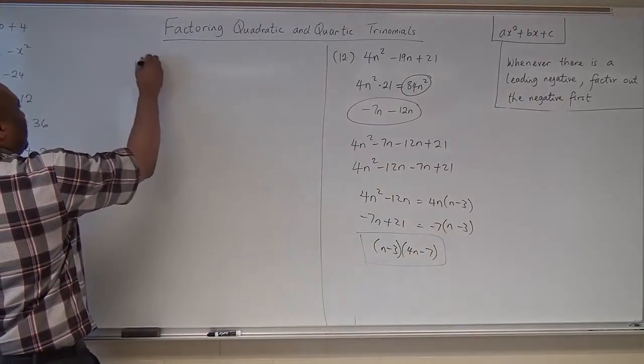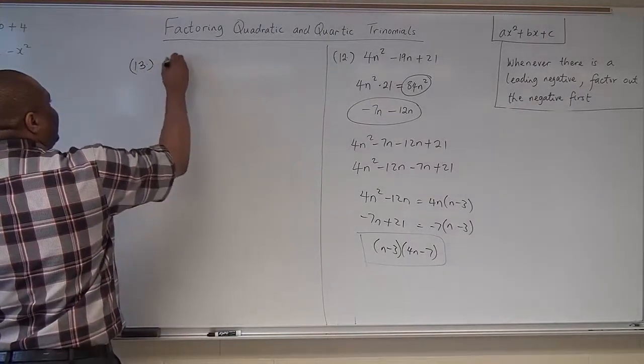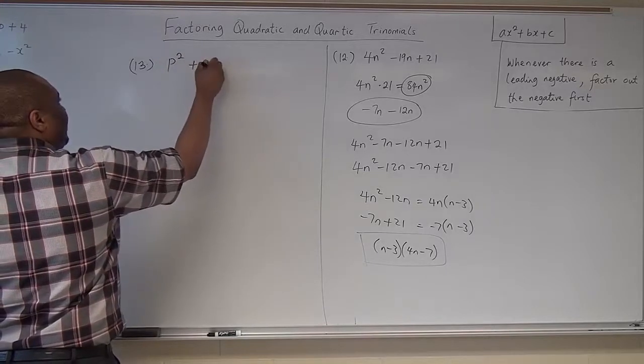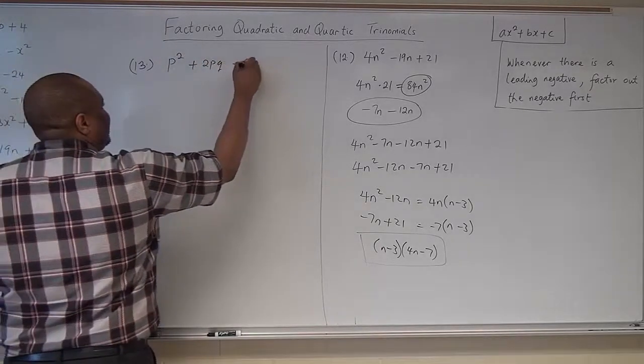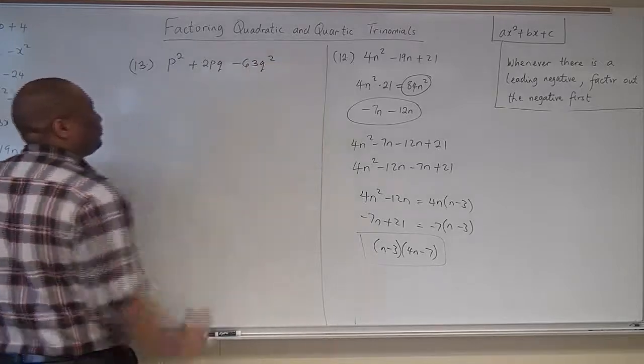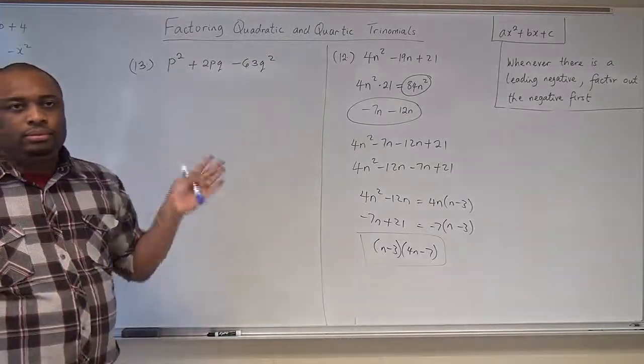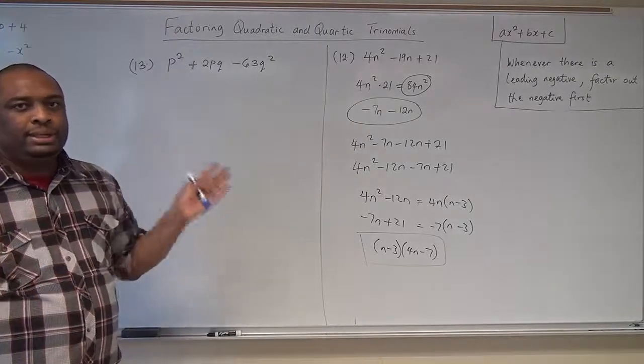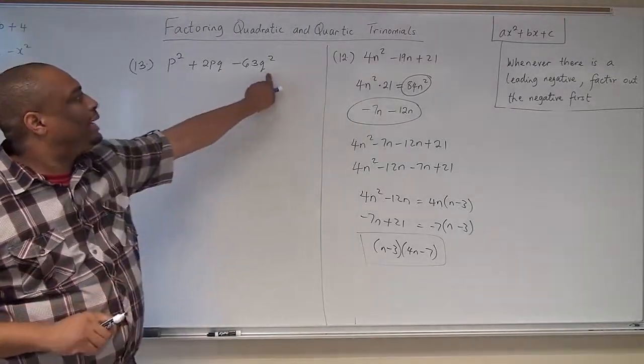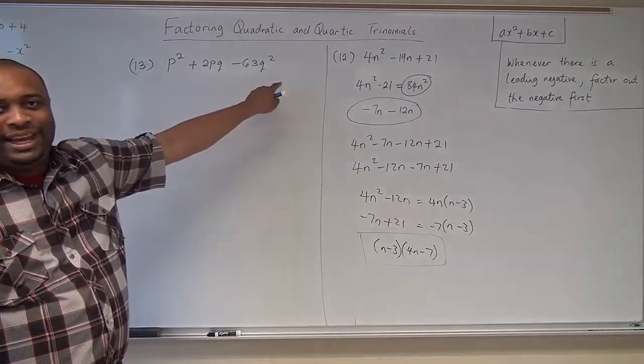Question 13, you have p squared plus 2pq minus 63q squared. Some folks come here and that kind of throws them off, because this is squared here instead of just a number.